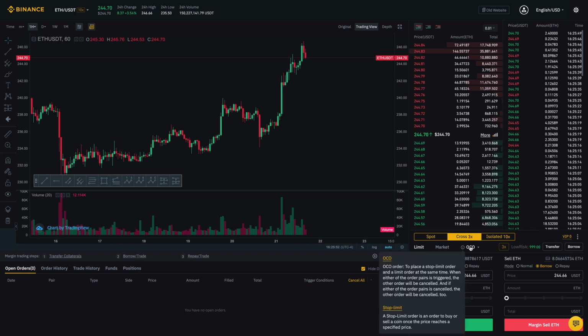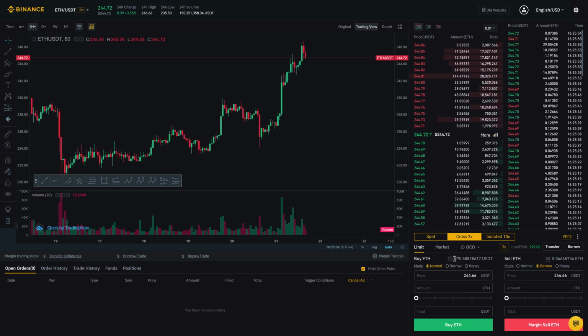So if I do normal, I can only buy a maximum of $970 worth at whatever price. But if I borrow, now I can borrow up to this amount to place an order. So that's what the borrow is. The repay is once I've bought it back, I repay it back to Binance, which I've borrowed it from. So that's what that means.